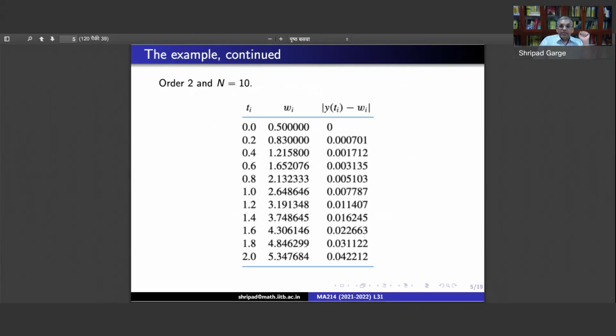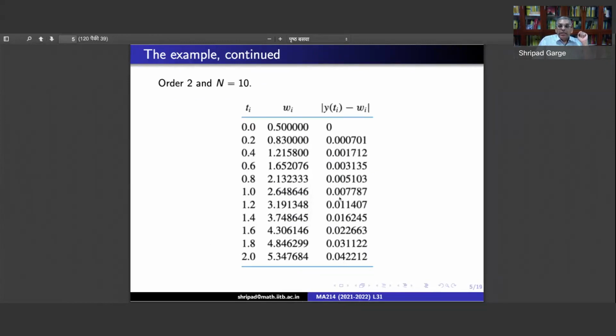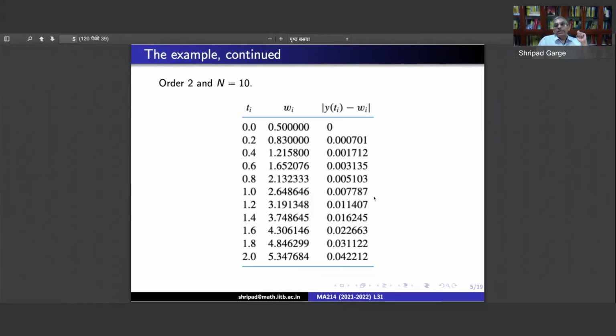Look at the errors. The maximum error is 0.042212, and for some initial values, up to the value at 1.0, so that would be W5, the W5 is away from the actual value by 0.007787.